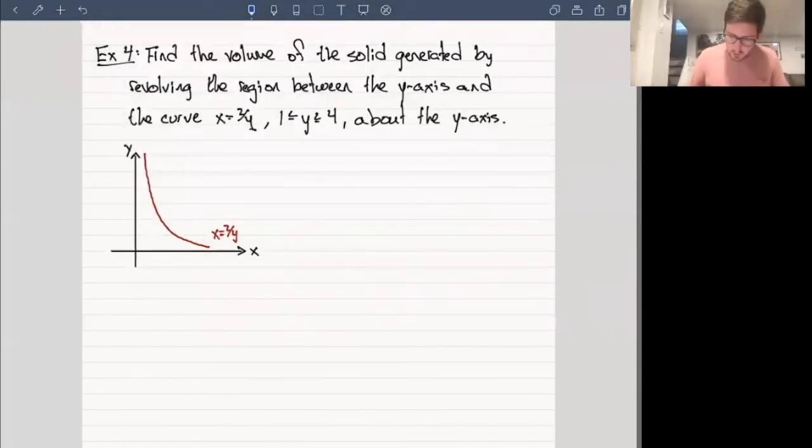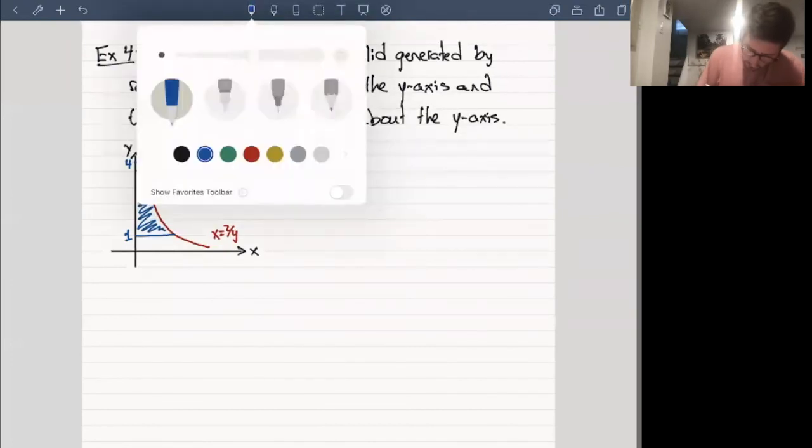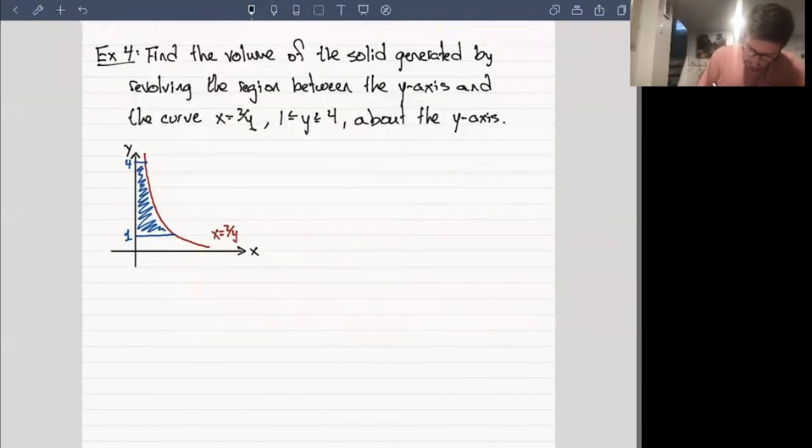In this case, we're going between y is equal to 1 and y is equal to 4. So let's say here is 1. Let's say way up here is 4. This gives me this region right in here. And I am asked to rotate this thing about the y-axis.